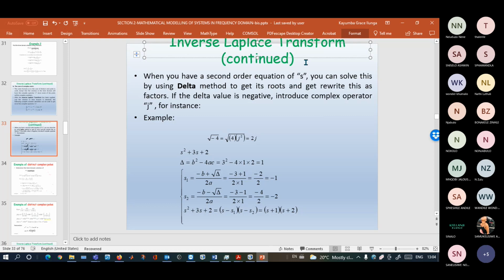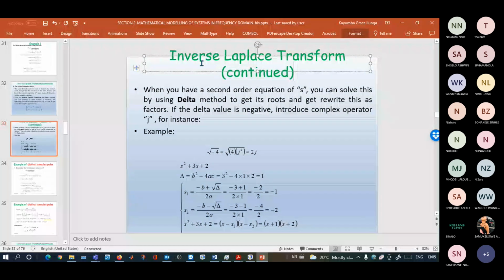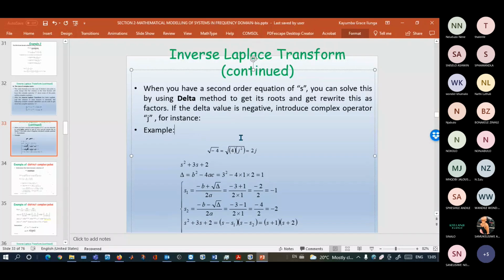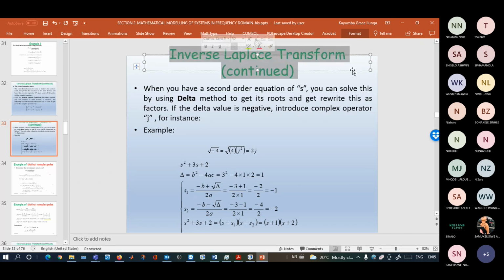We are trying now to solve a case where we have complex poles. So what we can do here is this. Let's take the example number 2, the one I gave to you.